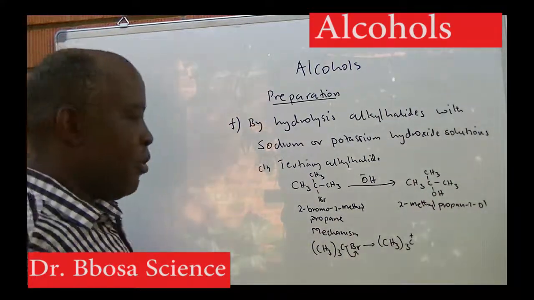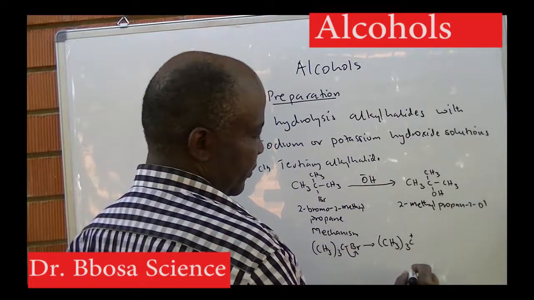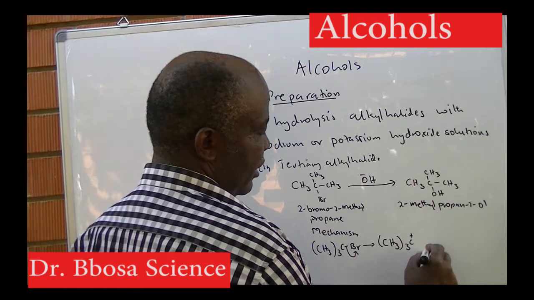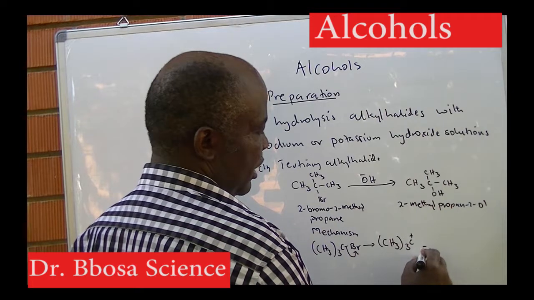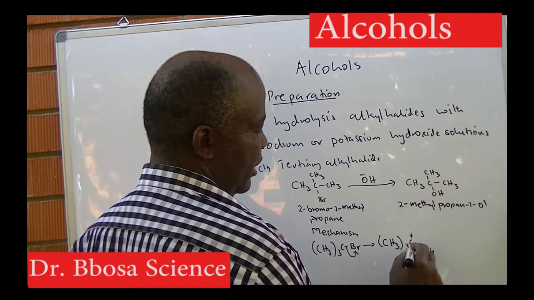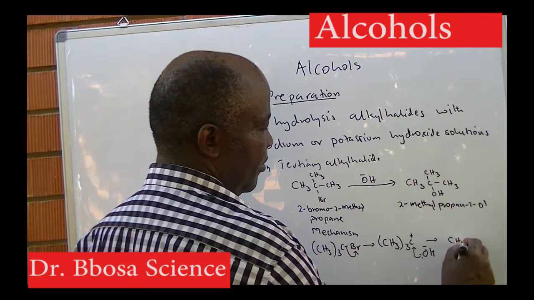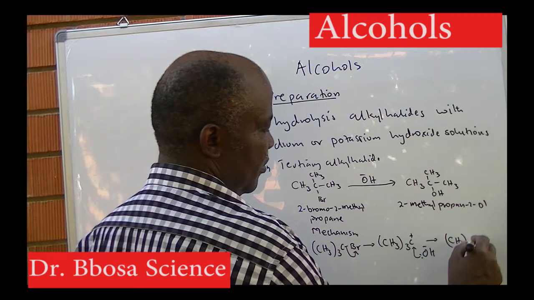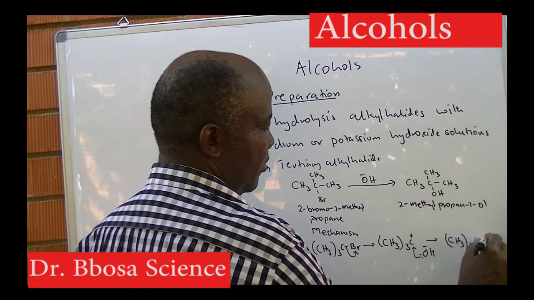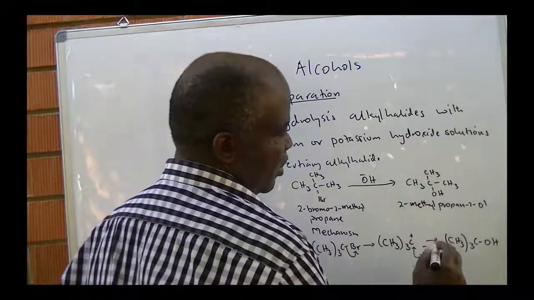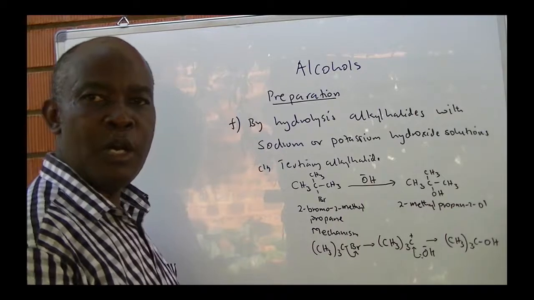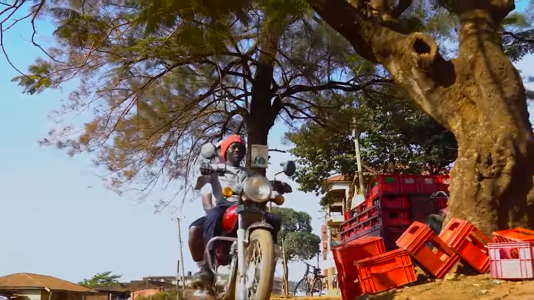You get a protonated alcohol, then the OH ion uses a pair of electrons to react with the positive charge to form 2-methylpropan-2-ol, and it is one word.